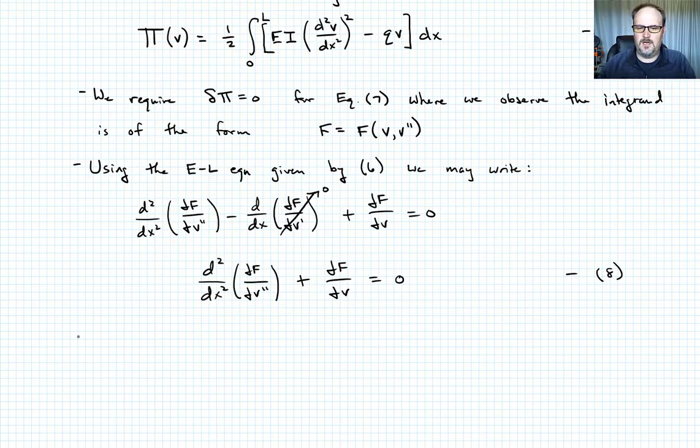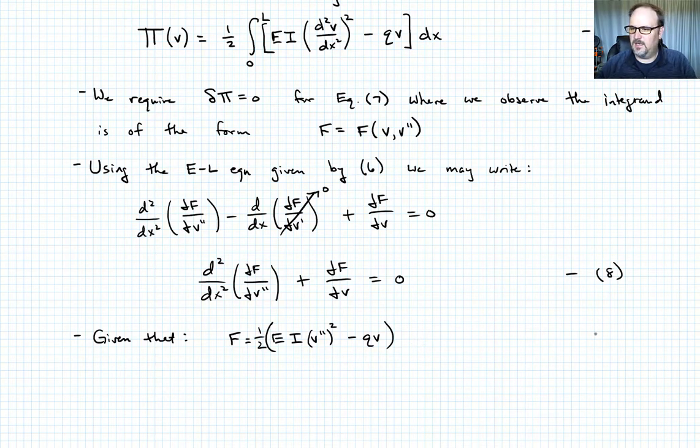Given that we know what f is, f is equal to 1/2 times EI times V double prime, that's what d squared V dx squared is, squared, minus qV. Let's call that equation 9.